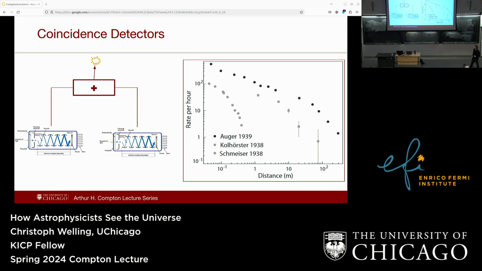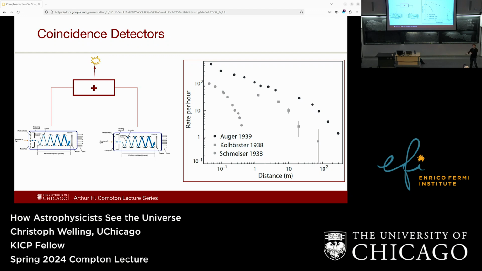And if you do that, you realize that you actually see a lot more coincidences than what you would expect just by pure chance. And from this you can see that even if you move something like 100 meters or several hundred meters away, you can still see more coincidences than you would expect.